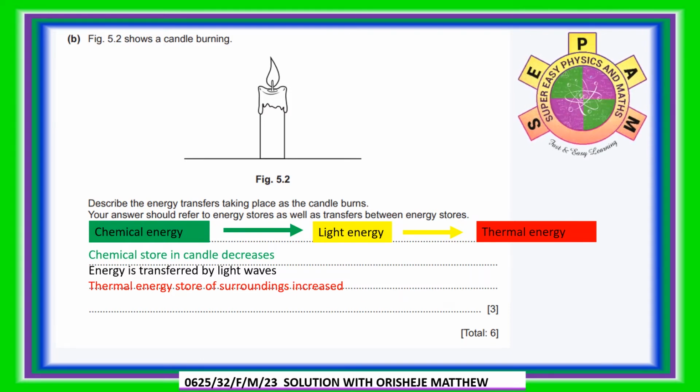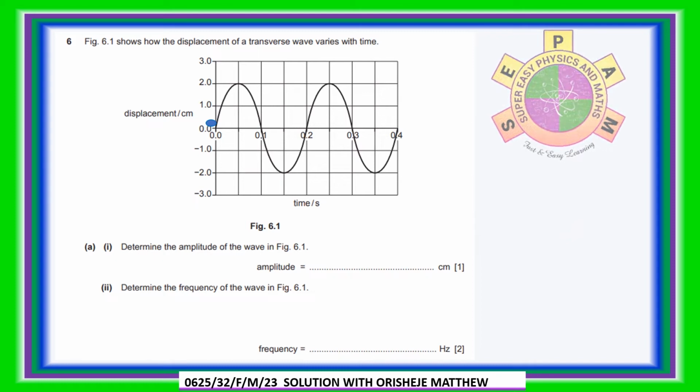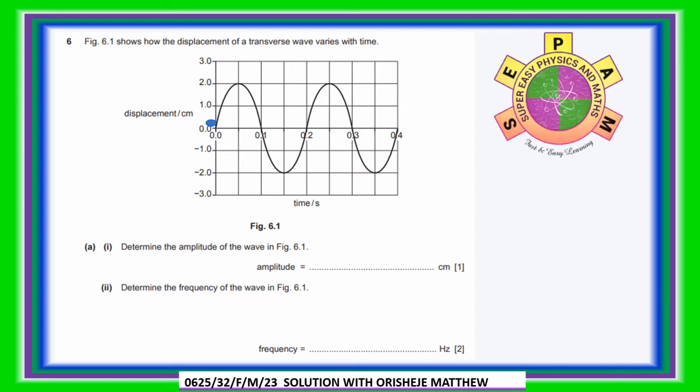Question 6 shows how the displacement of a transverse wave varies with time. So we have this in 0.4 seconds. We have the particle, and the variation that is taking place.